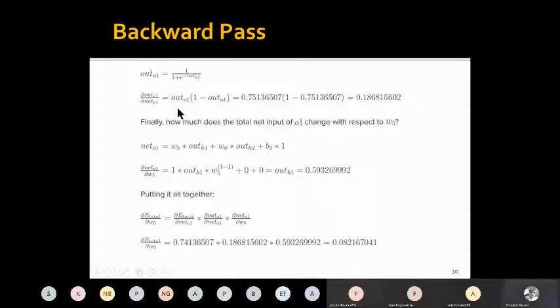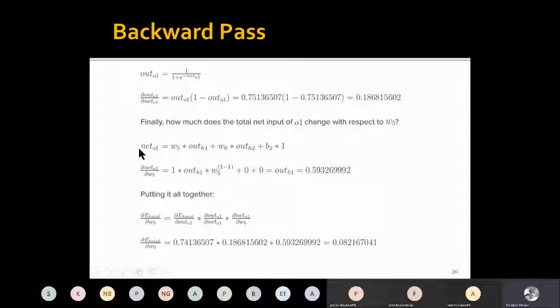And similarly, out O1 is 1 by 1 plus e to the power minus net O1. So similarly, I can calculate the differentiation of del out O1 with respect to del net O1, the net input to O1, and this is the differentiation, and I can put this value. And finally, we differentiate net O1 with respect to W5.